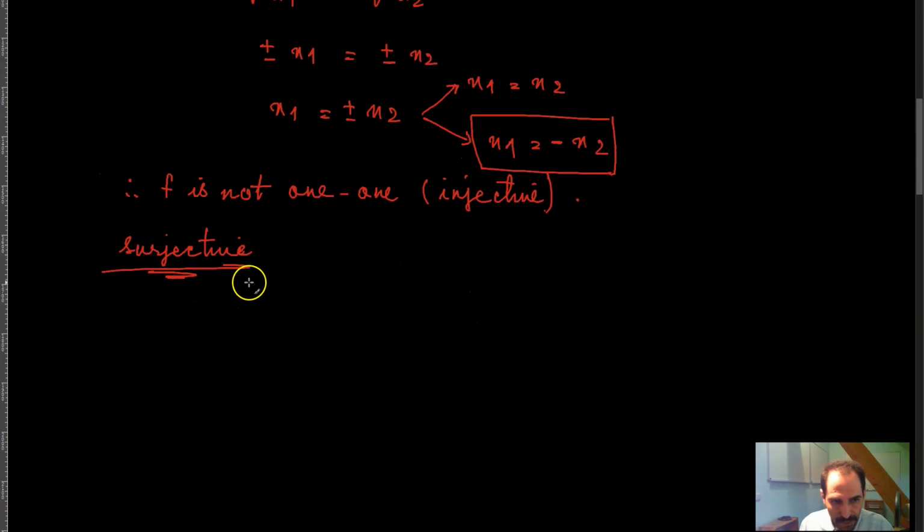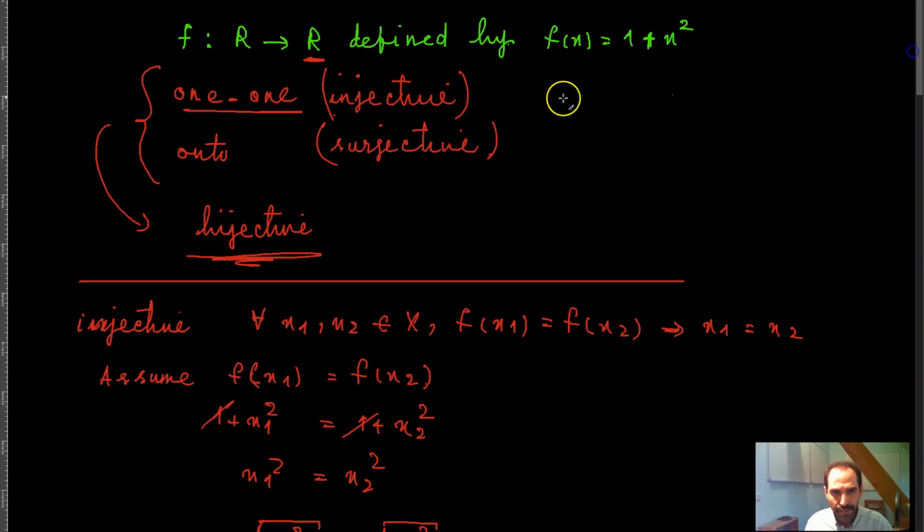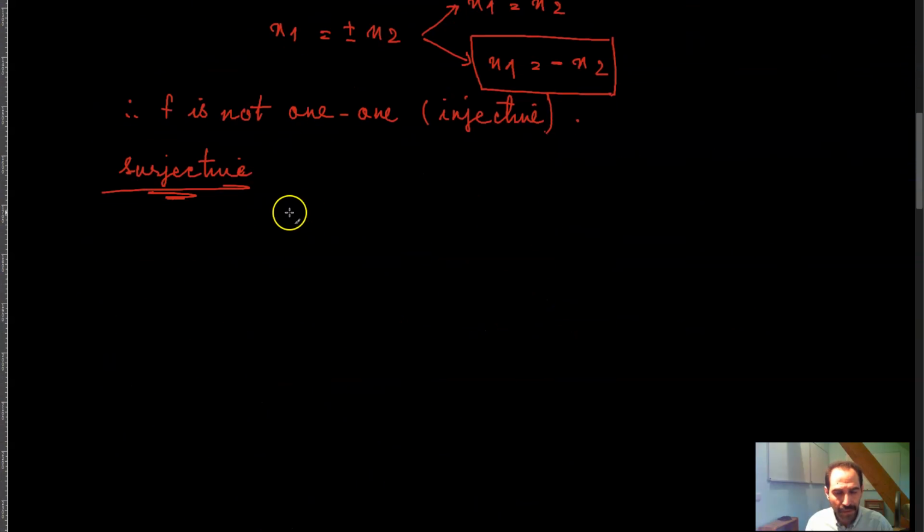And we argued before that for this purpose you can find the inverse of the function. So the function is f of x is equal to 1 plus x squared, right?